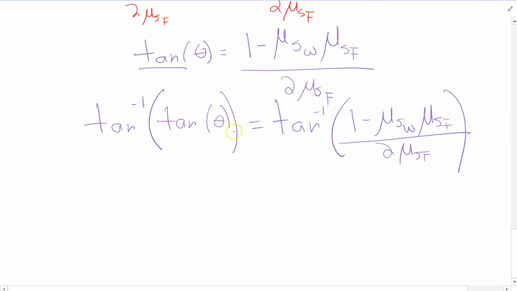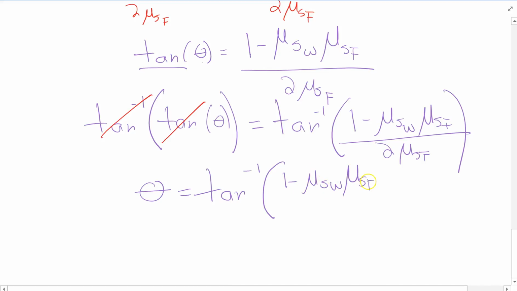What happens over here to the left-hand side? Well, tangent inverse of tangent, these things end up canceling out. And what that leaves me with is an expression for theta, the angle, which is what I'm looking for. Theta is tangent inverse of 1 minus mu static wall times mu static floor all over 2 mu static floor.